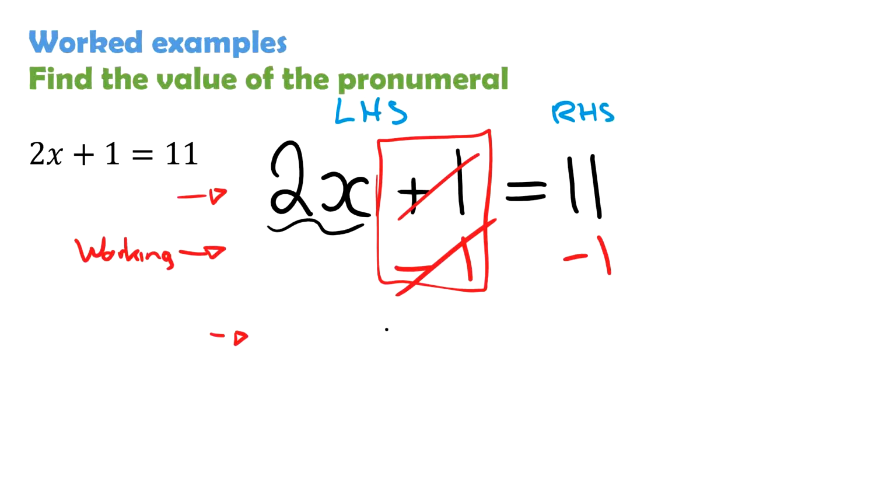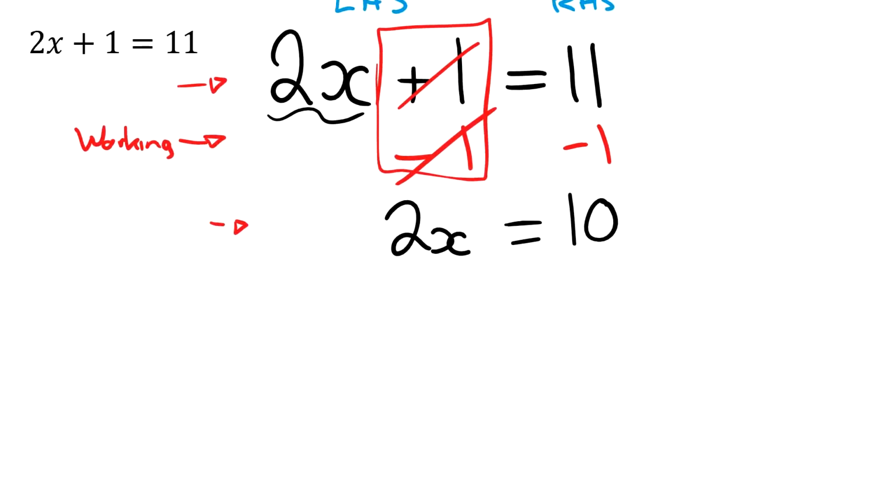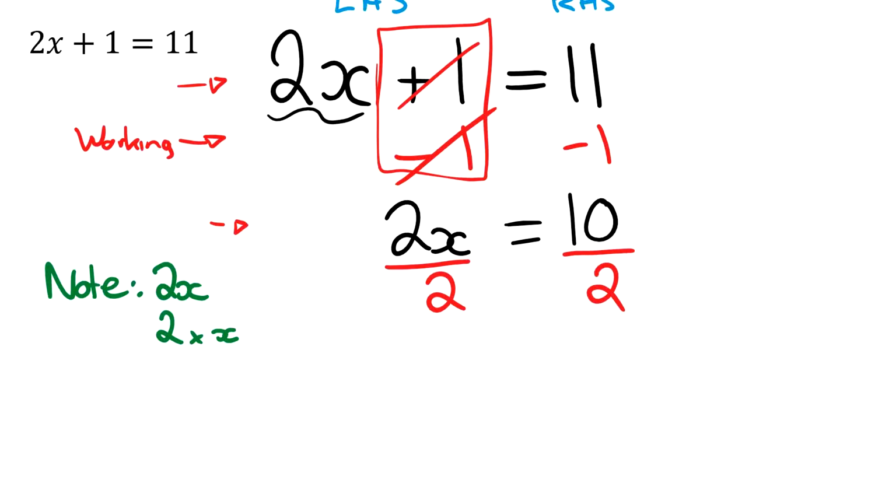So I can rewrite that down here: 2x, and that equal sign stays there. And now I have 11 take away 1, which is 10. So now I've gone to my next line: 2x equals 10. Just a side note, that 2x is the same as having 2 times x. And again, the opposite of multiplication is division, so I'm going to divide by 2.